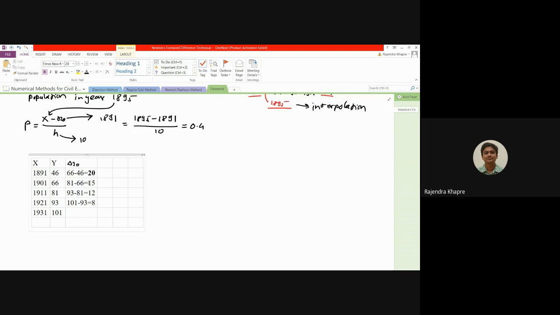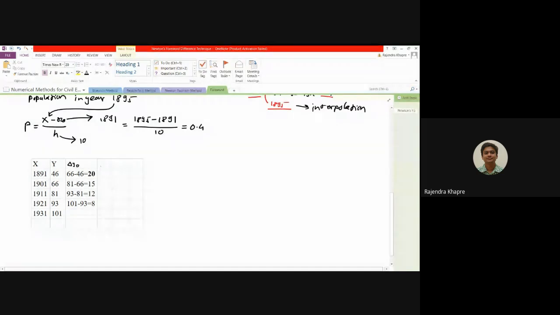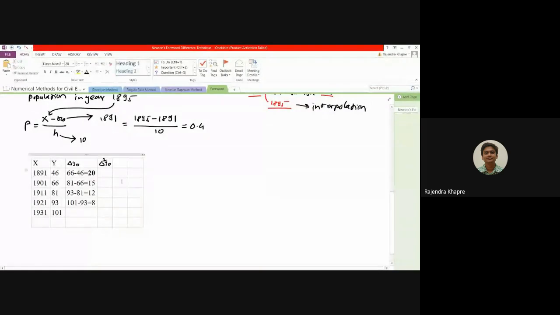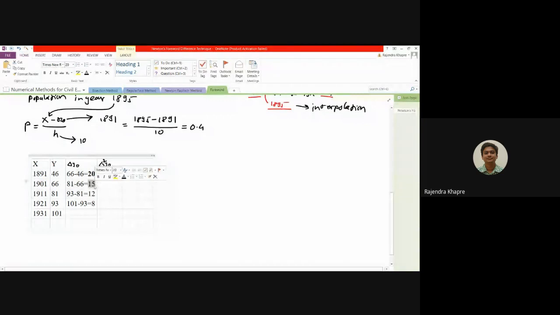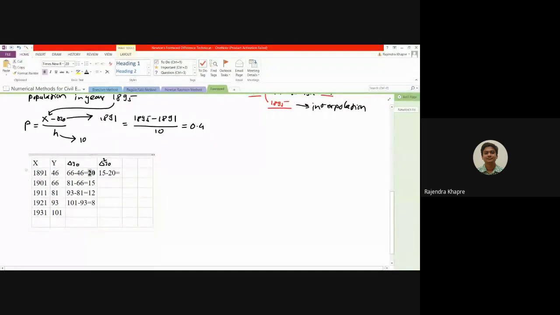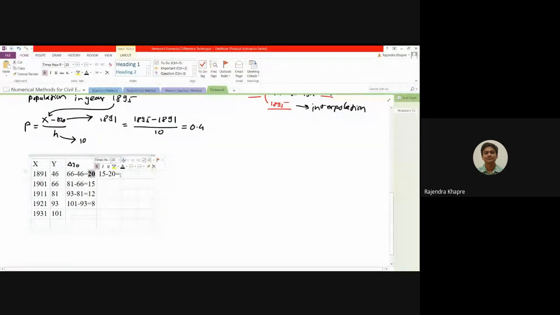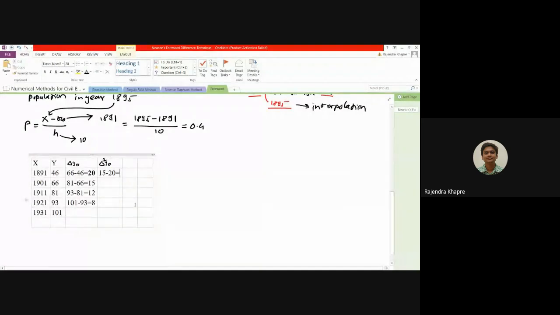Then in the second column, I'm going to calculate delta square y0. This can be calculated in a similar fashion. In this case, this will be 15 minus 20. 15 is the value you calculated for the next year, and 20 is the current year. So if you calculate this, it becomes minus 5.